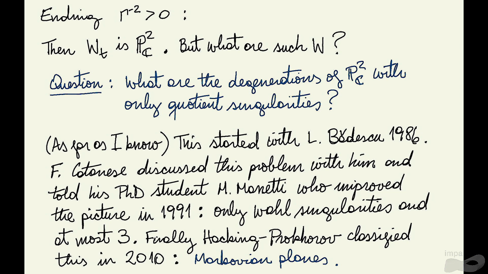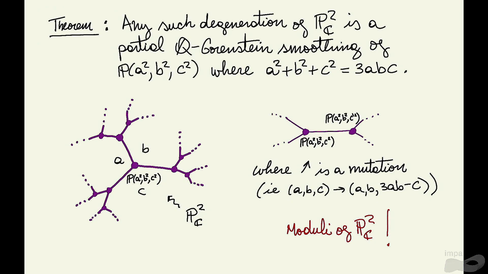And this is the theorem: any such degeneration of P2C is a partial Q-Gorenstein smoothing of the weighted projective plane P(A squared, B squared, C squared), where A squared plus B squared plus C squared is 3ABC. And that is the Markov equation.